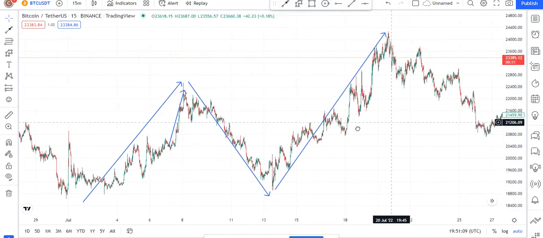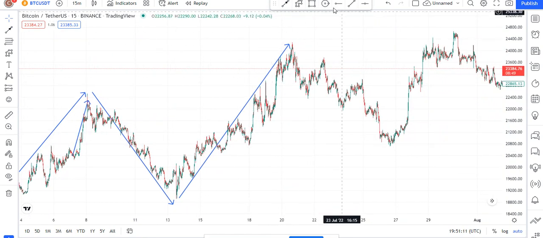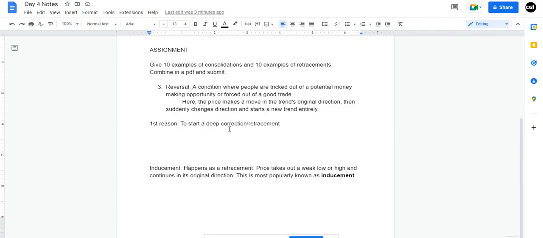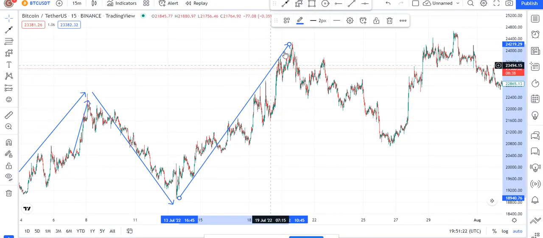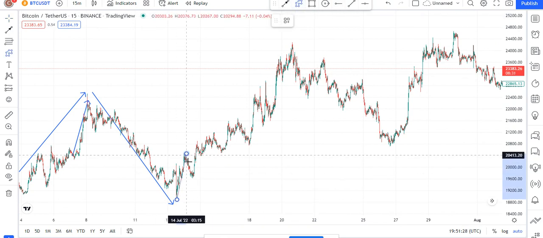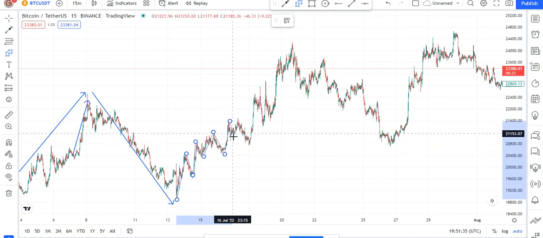Now let's study the reversal that happened here as well. The reason we're talking about this kind of reversal is that it starts a deep correction or retracement. In this case as well, the price is moving higher high, higher low, higher high, higher low, higher high, lower low, inducements.